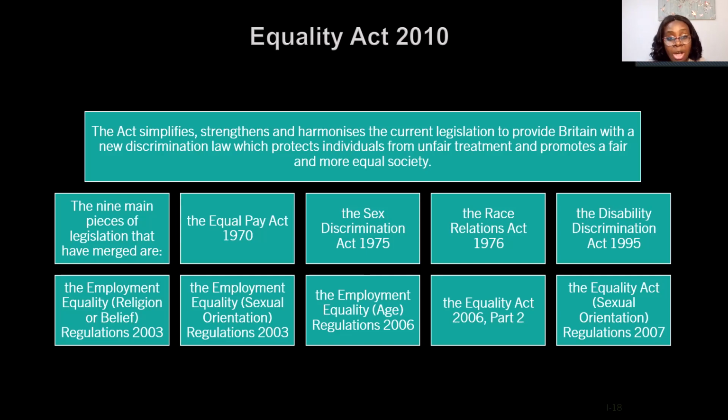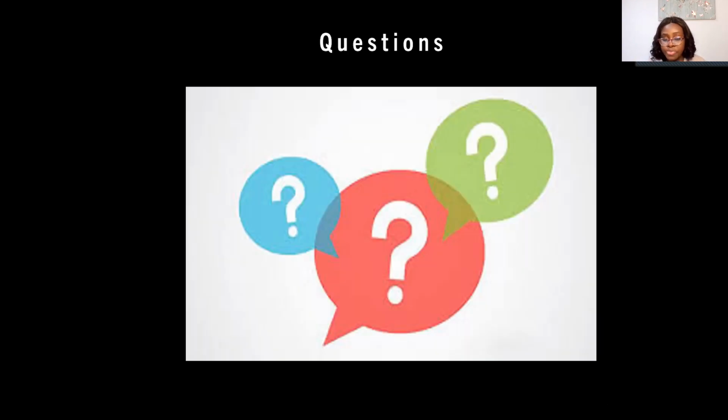So we'll try to understand how the Equality Act was developed, looking at different legislative pieces that were brought together, and what the protected characteristics discussed within the Equality Act 2010 are, and how companies can adapt this document within their policies to ensure legal compliance, and how this can also enable the business to structure its diversity and inclusion policies as well.